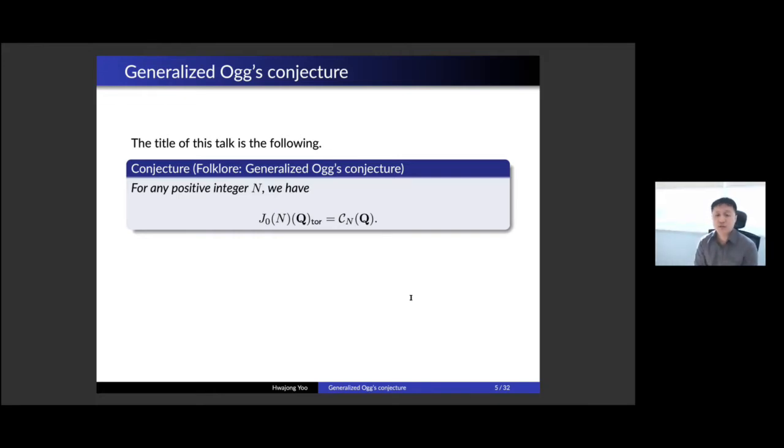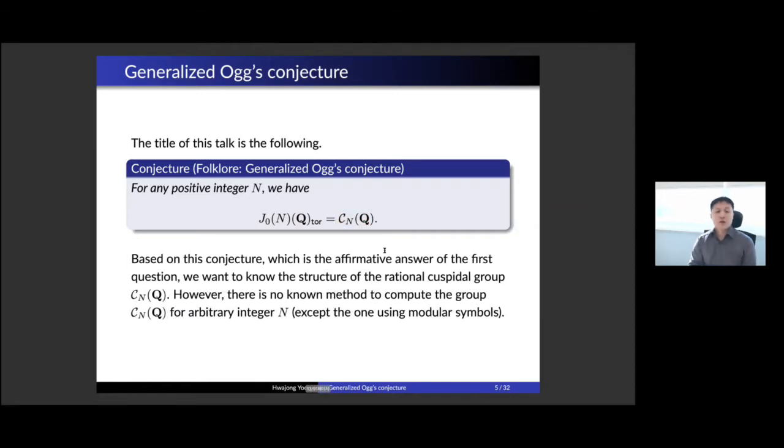For any positive integer n, we have this equality: the rational torsion subgroup of J_0(n) is in fact equal to the rational cuspidal group of J_0(n). Based on this conjecture, can we compute this right-hand side? That is our next question. However, the structure of this group is not known for general n.